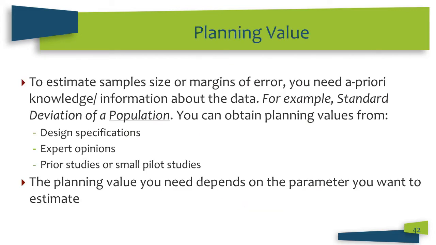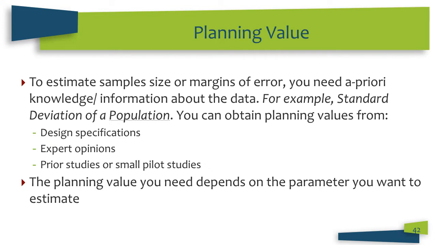Okay, so there's this thing called planning value. What is planning value? It is a priori information or knowledge, advanced knowledge that you would require about your data. For example, a standard deviation of a population, or it could be anything.